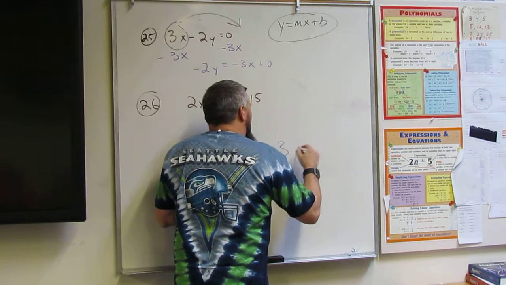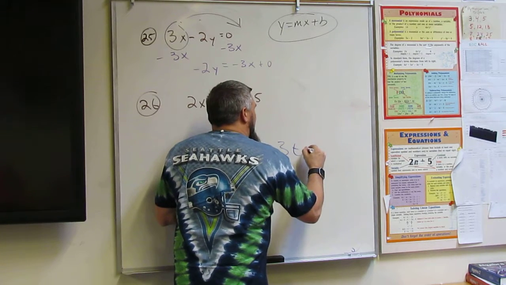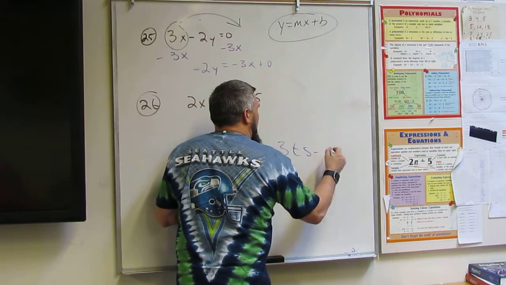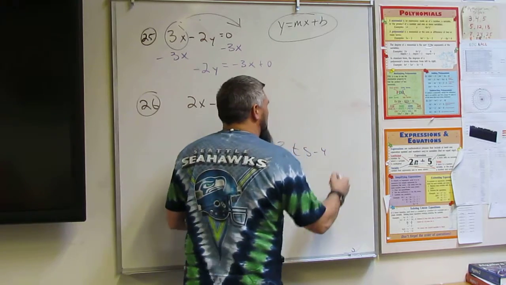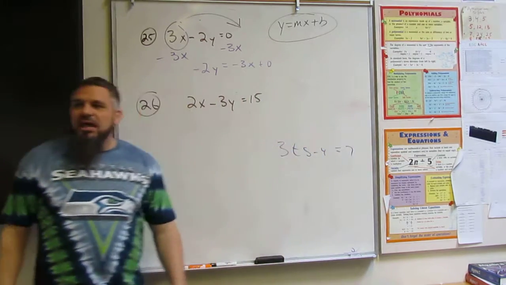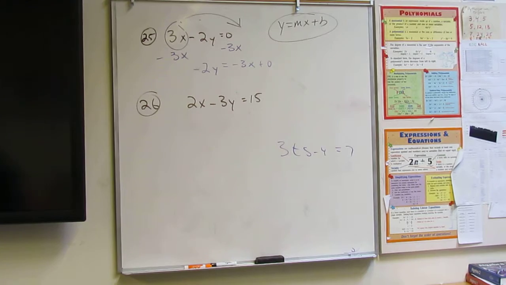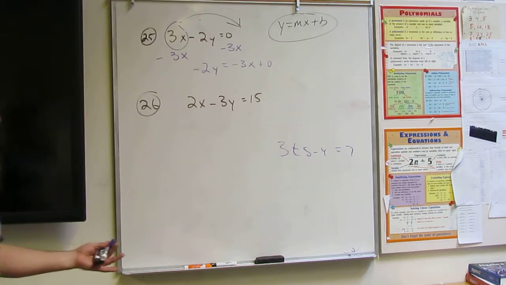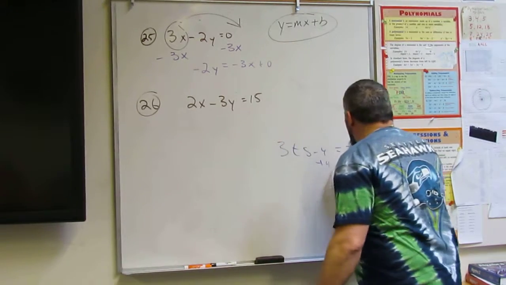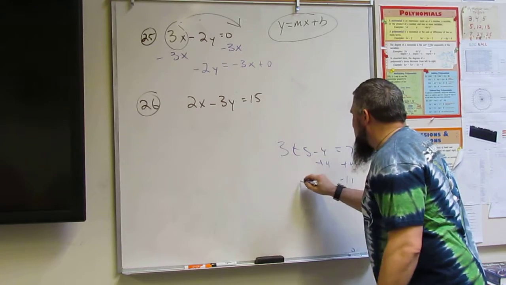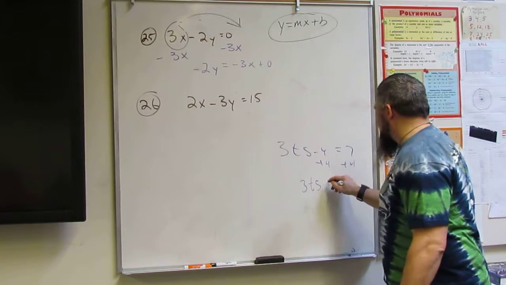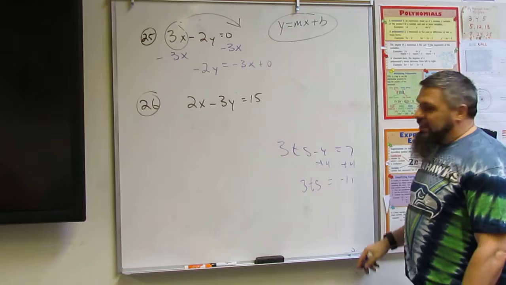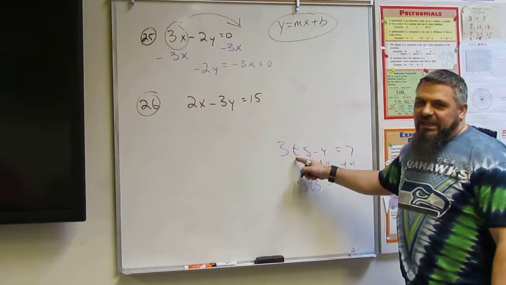3ts minus 4 equals 7 or something. And you're supposed to solve it for t. Remember that? And you have to go, I'm going to add 4. I get 11. 3ts equals 11. Okay, and then you're like, well, I got to get it for t, right?